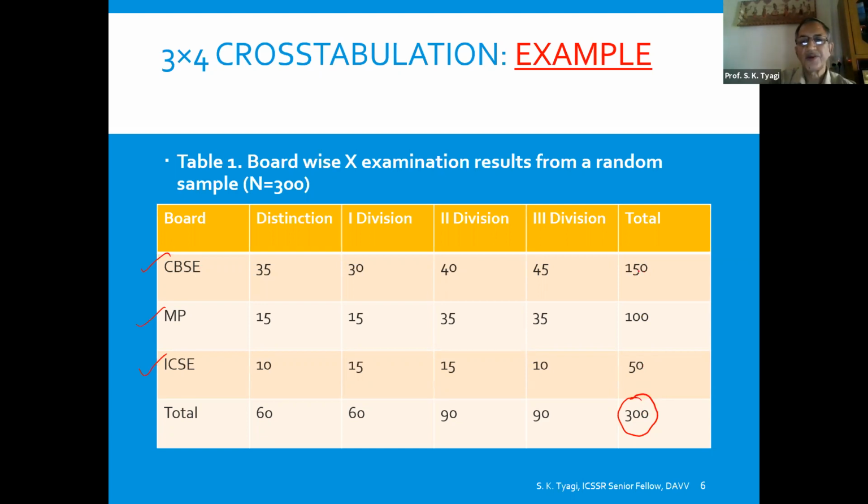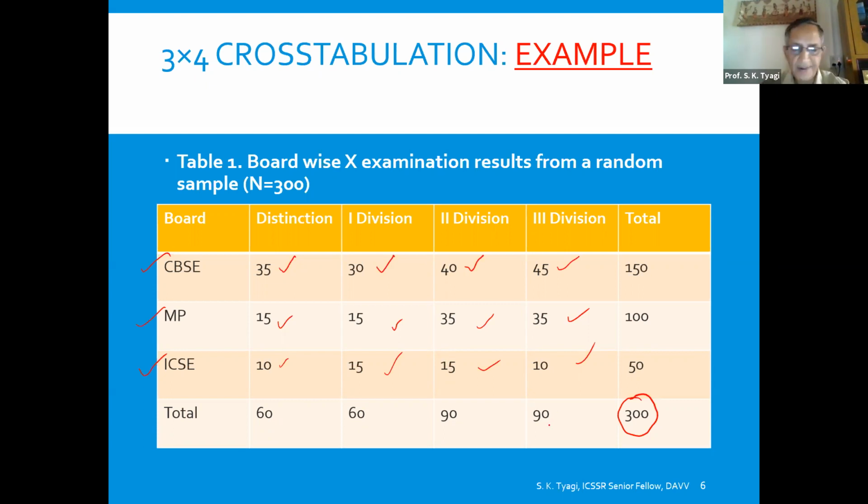Out of these 150, 35 got distinction, 30 first division, 40 second division, 45 third division. Similarly for MP board 100: 15, 15, 35, 35. ICSE: 10, 15, 15, 10. Total distinction is 60, total first class 60, total second class 90, total third class 90.